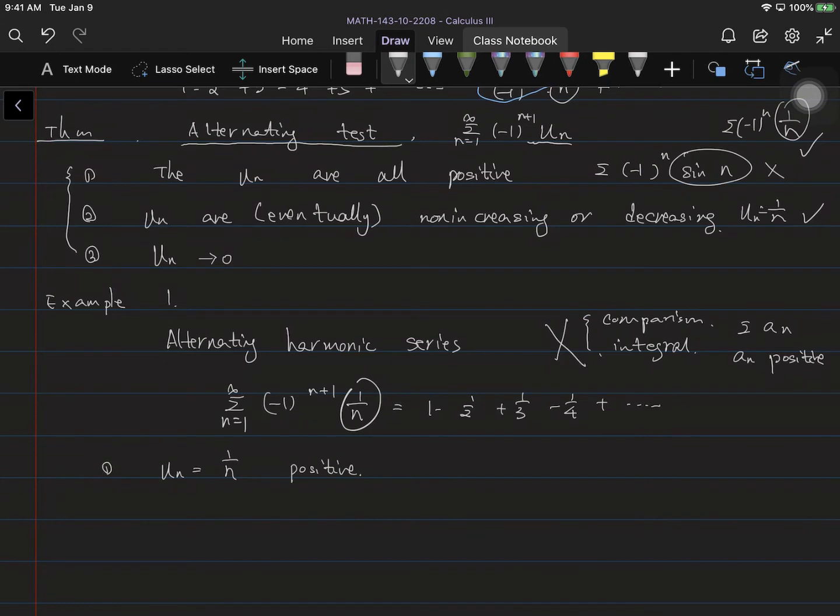Yes, because n are natural numbers, all the n are positive. Second one, is un decreasing? Let's see, 1 over n. Which is smaller? This is smaller, so actually un is decreasing.